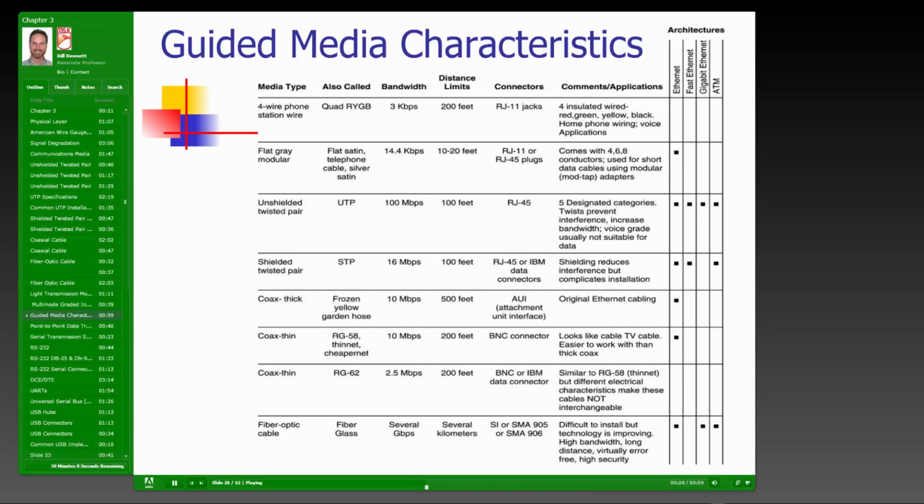You'll notice that it has an AKA column, also known as, and gives you the bandwidth values, the distance limits, and the different connector types that are used in conjunction with those types of cables. There are a few comments about the cabling and its applications. And on the far right, it identifies the most commonly used network architectures that type of cabling is used in. That would include Ethernet, fast Ethernet, gigabit Ethernet, and ATM networks.